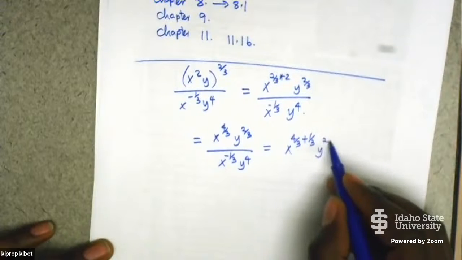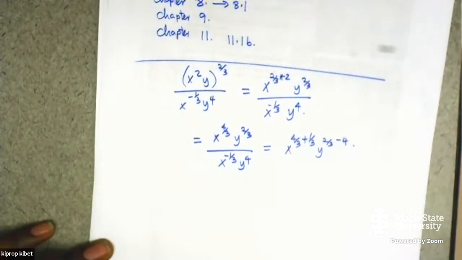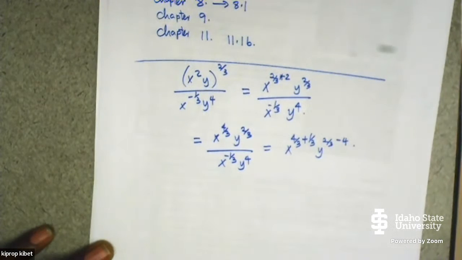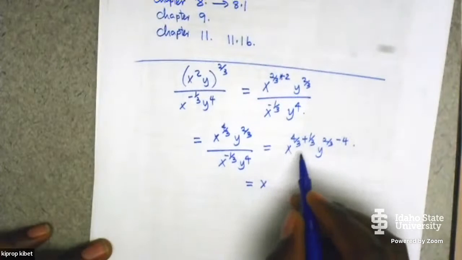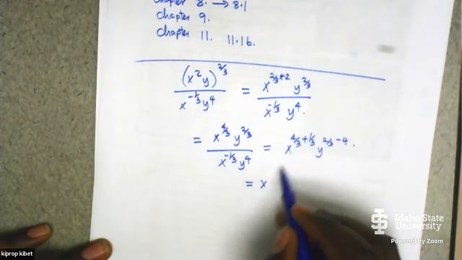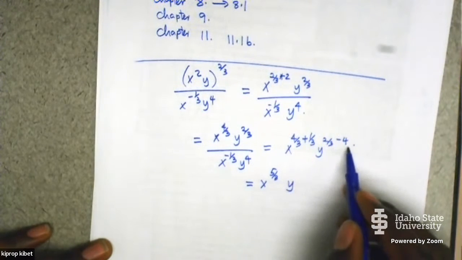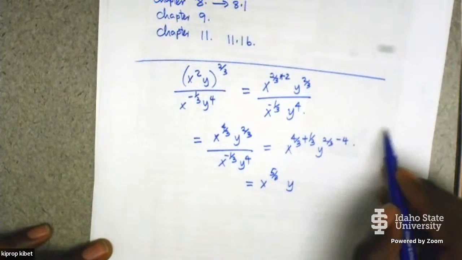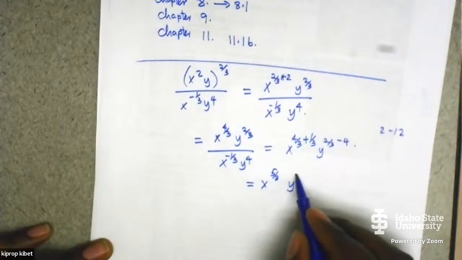Y raised to 2 over 3, take this 4 up there, it becomes minus 4. Finally, this equals x raised to 5 over 3, and y raised to 2 minus 12 over 3, which is minus 10 over 3.